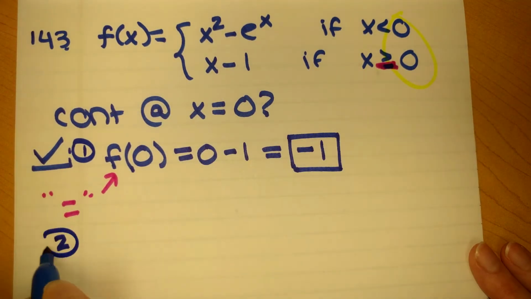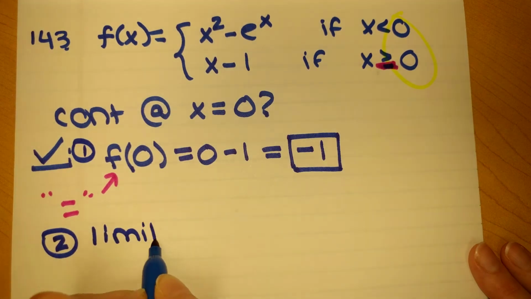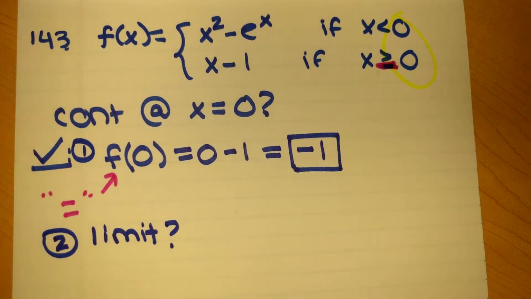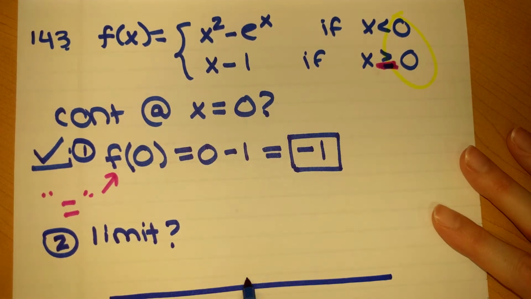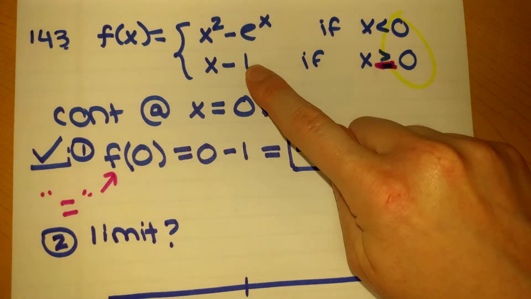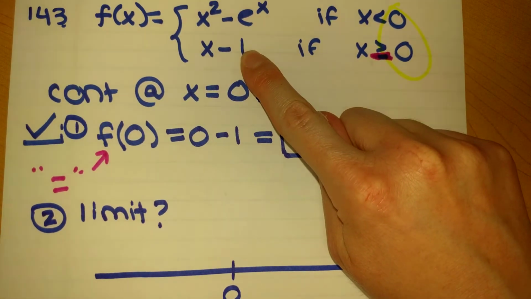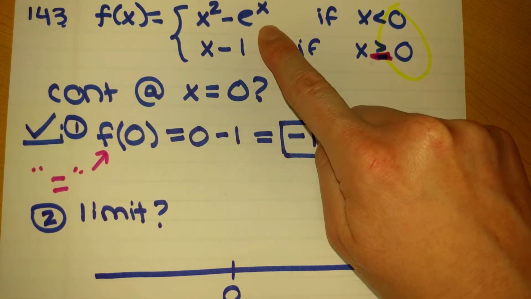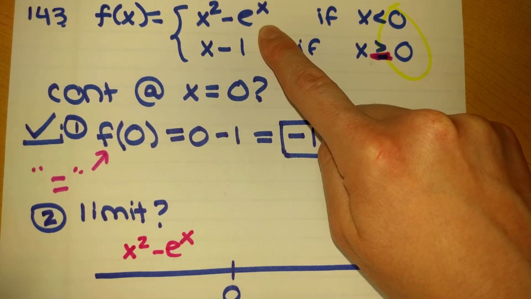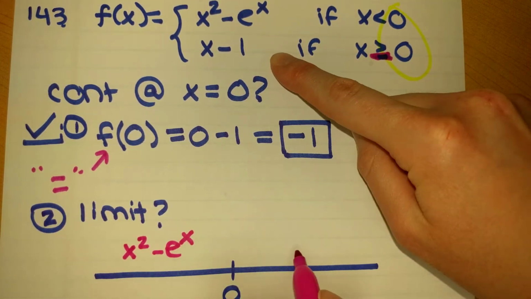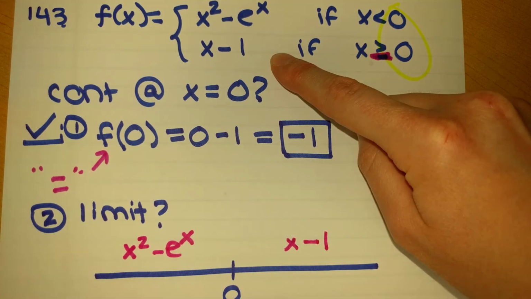Now our second condition is about the limit. To answer the question of the limit, I always like to draw myself a cute little picture of what's happening. What's happening here is that x is equal to 0. We, of course, have the first piece. To the left, when x is less than 0, we are defined as x squared minus e to the x. To the right, we are defined as x minus 1.